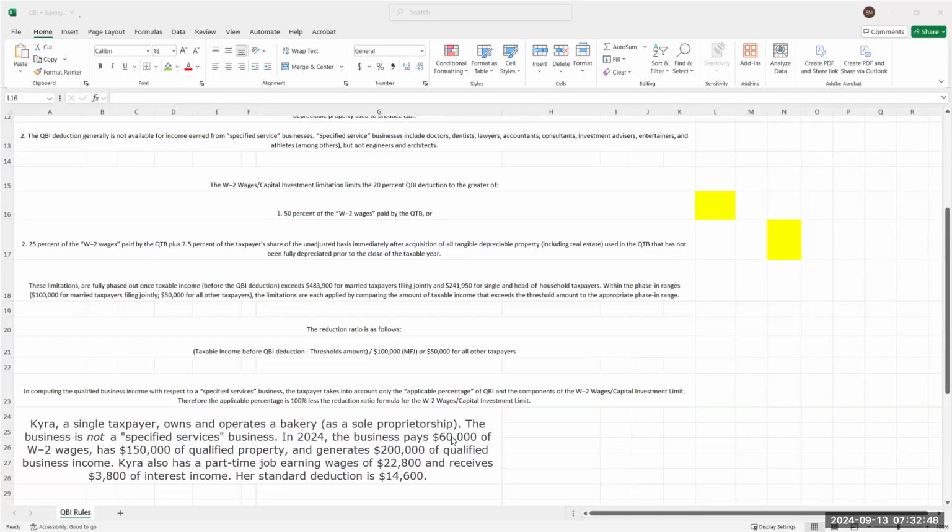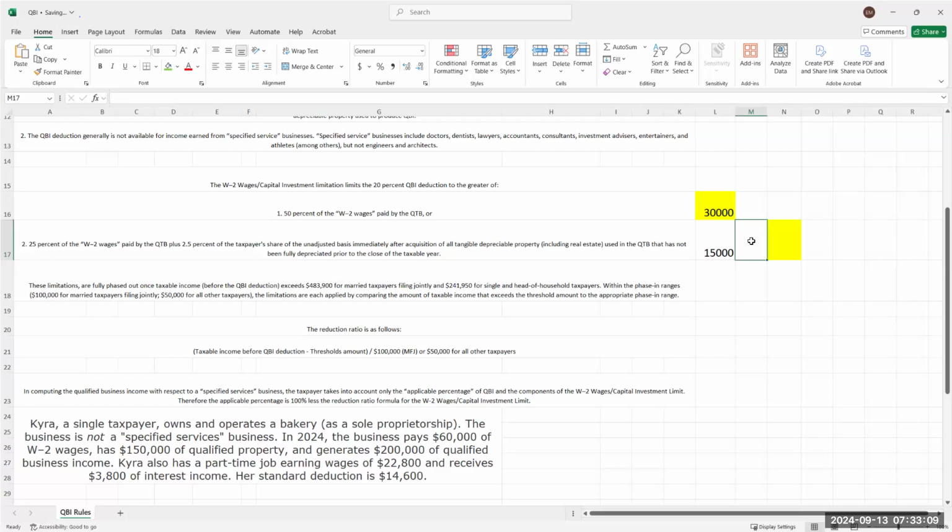It lets us know here that they paid 60,000 of W-2 wages. So 60,000 multiplied by 50%, that will be 30,000, or 25% of W-2 wages. So 60,000 multiplied by 25%, which would be 15,000.